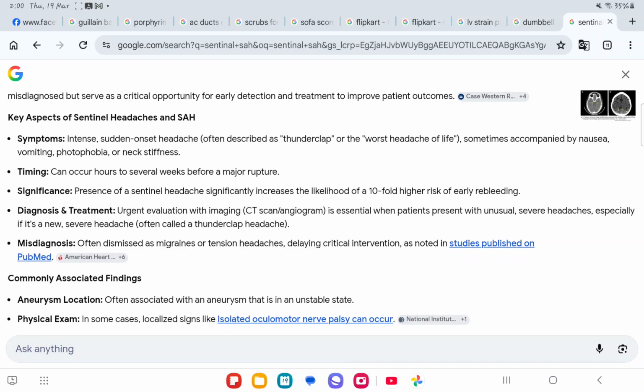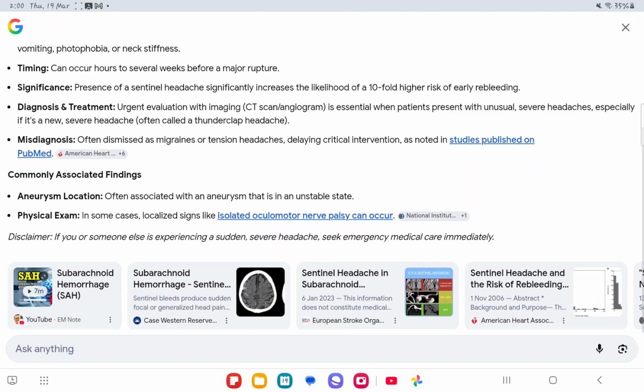So that means that there is an aneurysm which has given up a little bit and the vessels have contracted and sealed it, but it can rupture anytime.